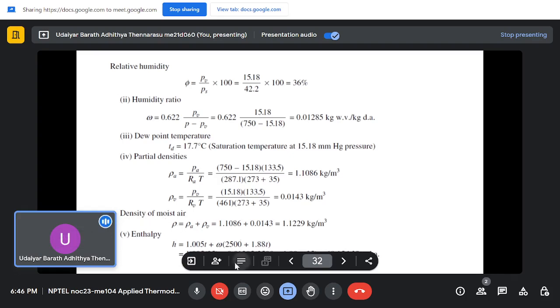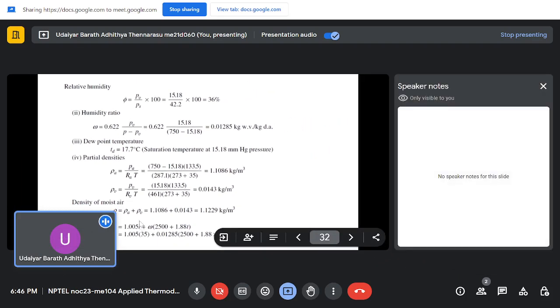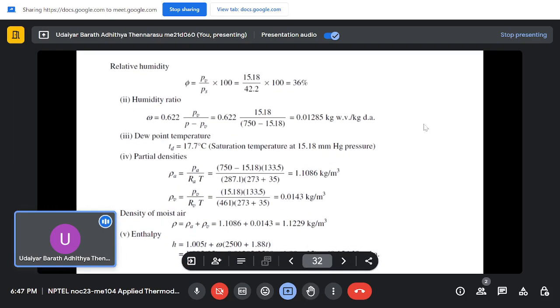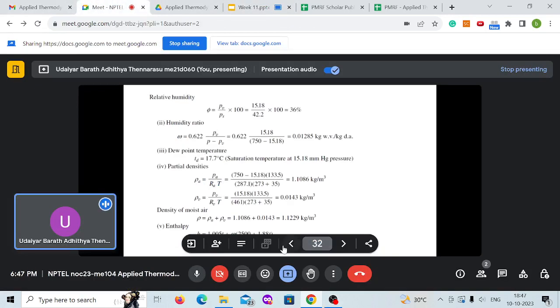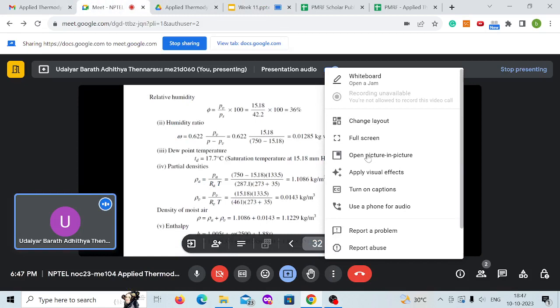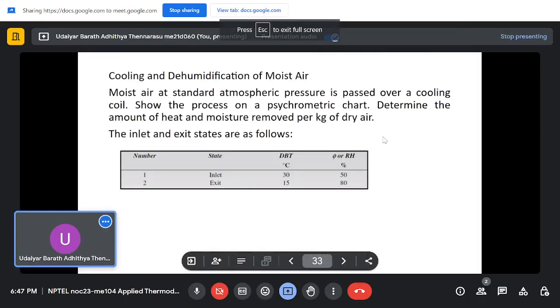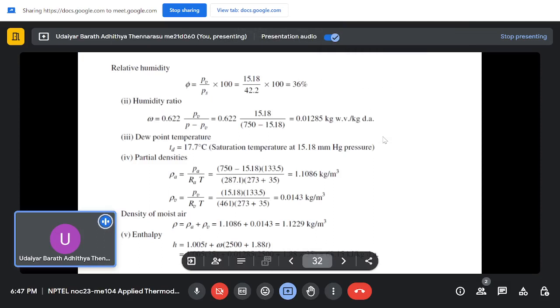So your enthalpy will be, with temperature as dry bulb temperature, 1.005 into 35 plus your omega, we have already calculated specific humidity, 0.01285 into 2500 plus 1.88 into 35. So this will come out to be 68.15 kilojoule per kg of dry air. So we have found out all density, enthalpy and humidity ratio.